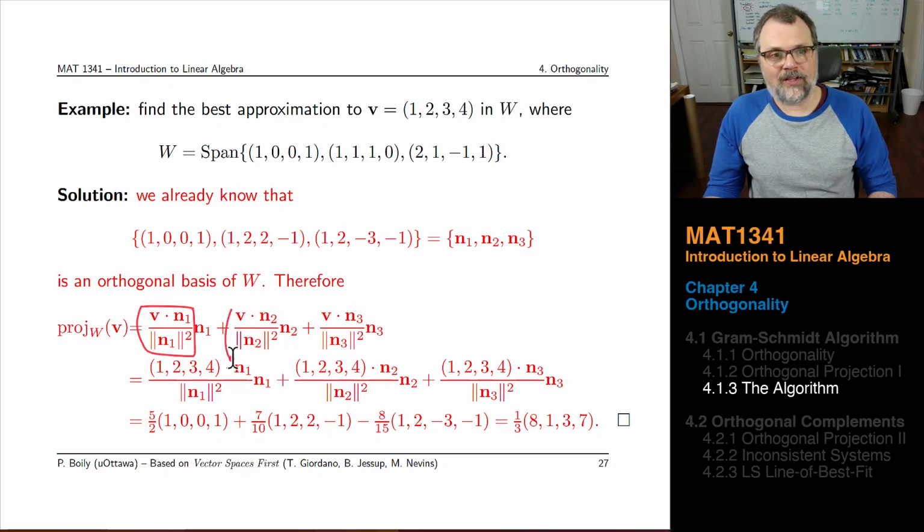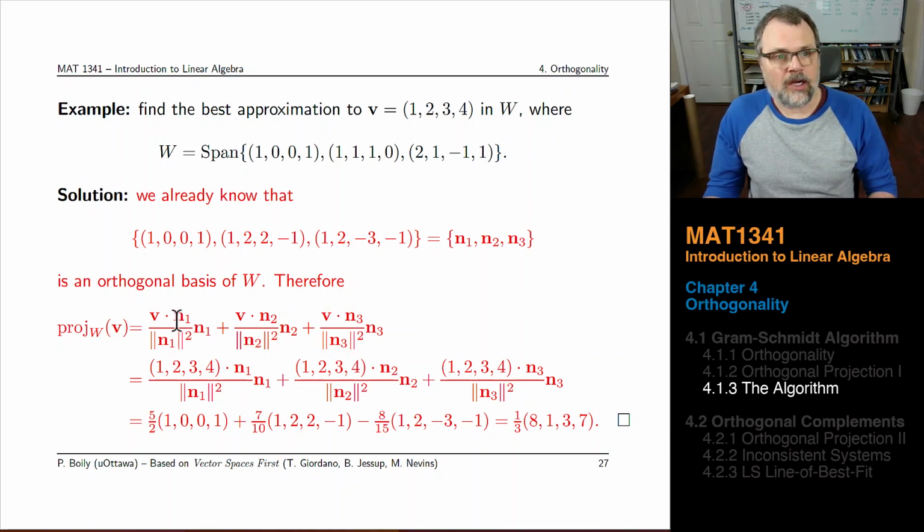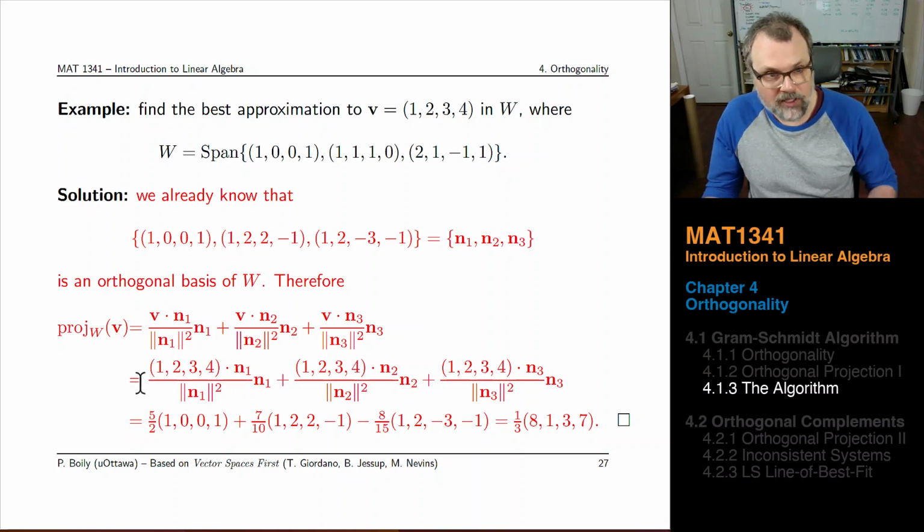And you add to that V dot N3 divided by the square of the length of N3. A real number multiplied with N3. So V is given in this specific problem, 1, 2, 3, 4, dot N1 divided by, anyway, you see it here. I'm not going to say it, but it's there.